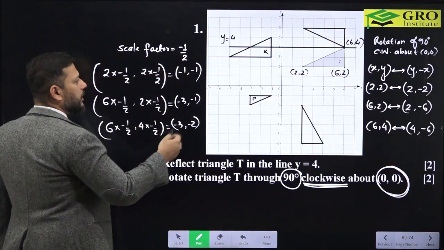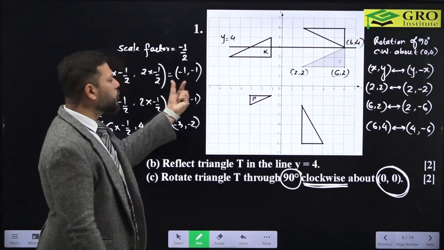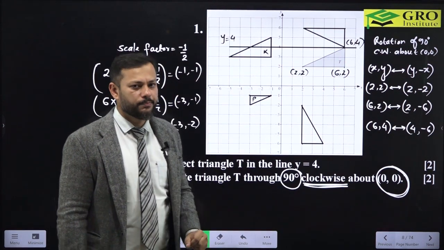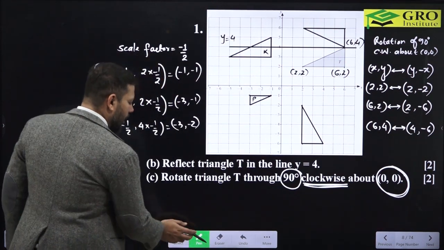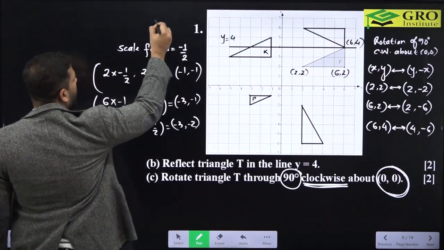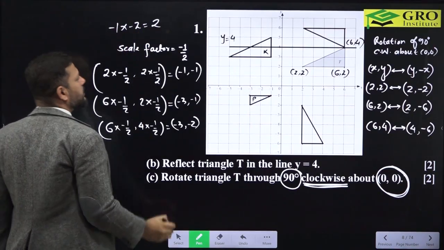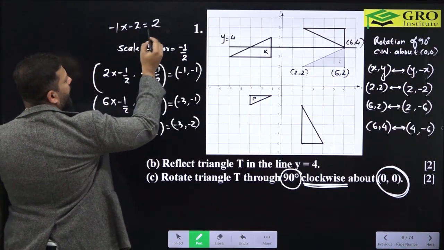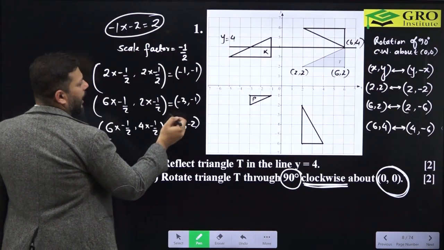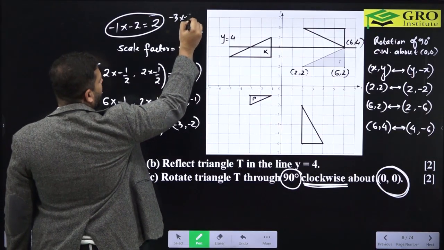To go reverse, if I have minus 1 comma minus 1 as the coordinates, what should I do to these coordinates to get 2 comma 2? It's simple maths, guys. If I have to get 2 from minus 1, I would multiply it with minus 2, because minus 1 times minus 2 will be 2. If we have minus 3, I need to get back to 6. So minus 3 needs to be multiplied with minus 2.